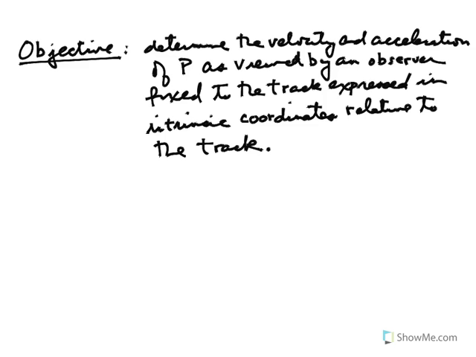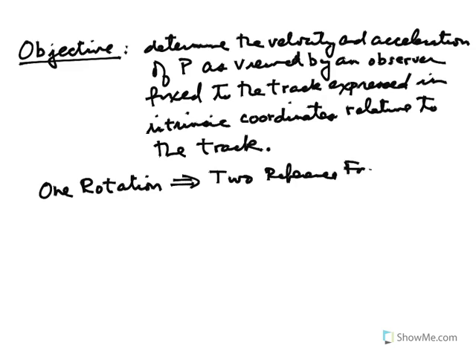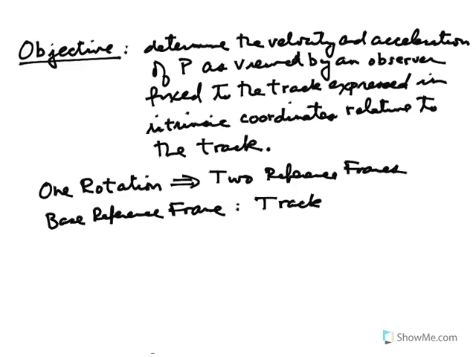So you can see in this problem that there's one rotation, and that one rotation implies that we need two reference frames. Now, the way we're going to do this is as follows: the base reference frame is going to be the track. That's the frame in which we want all of our rates of change.